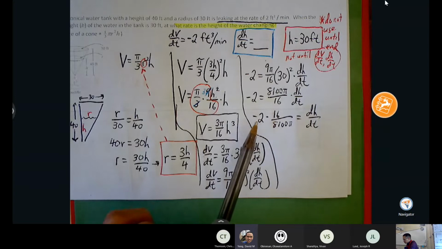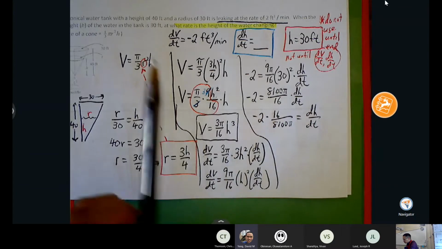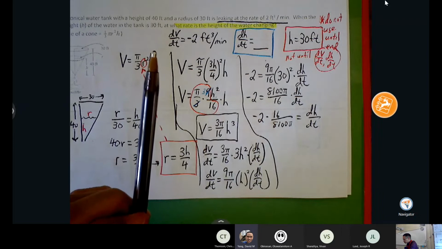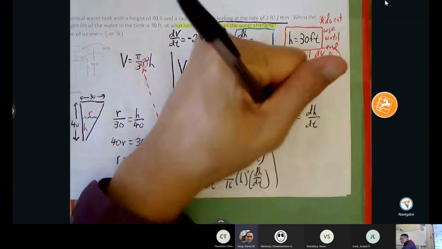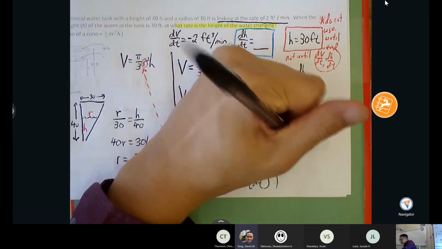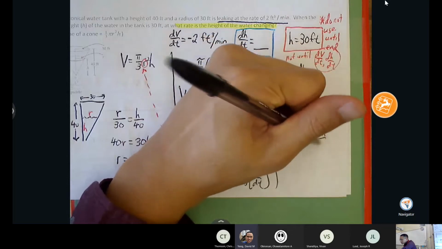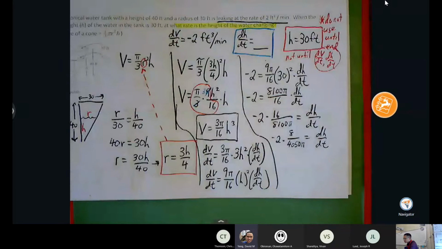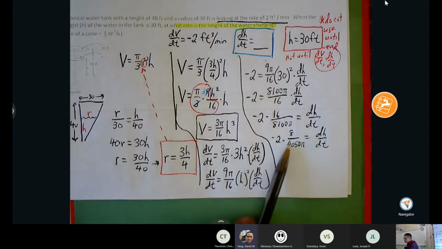Let's see. So negative 2 times 8 over... This can reduce even further.